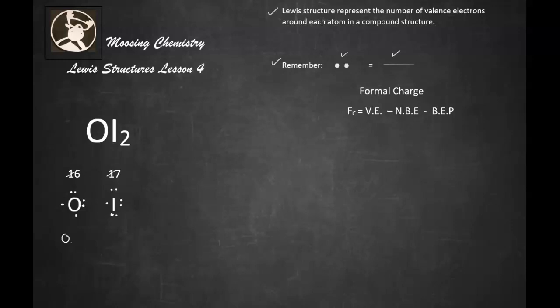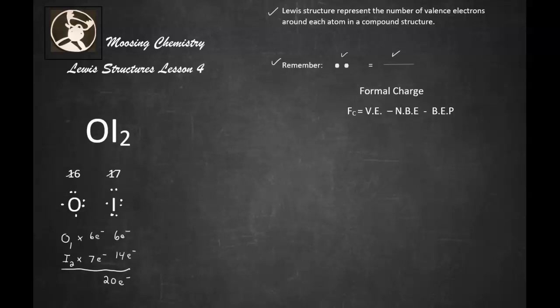Oxygen, we have 1 of those, and it brings 6 valence electrons to the compound. We have iodine, 2 of those, and each one brings 7 valence electrons. So this gives me 6 valence electrons, this gives me 14, and this gives me 20 valence electrons.